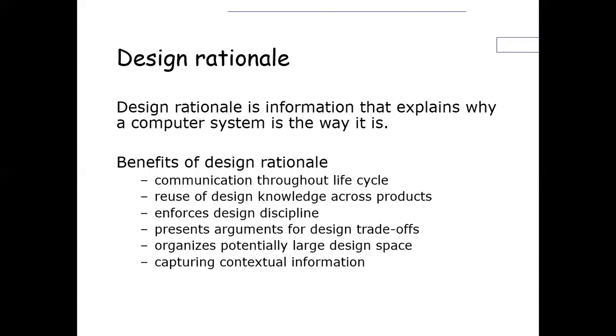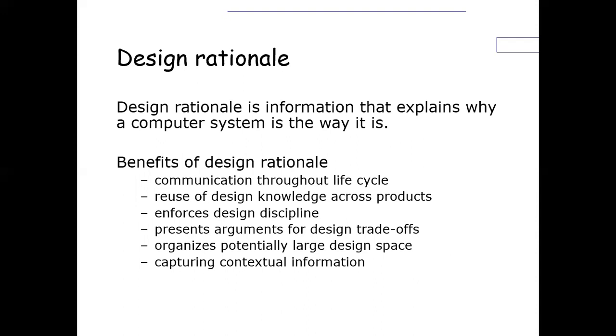Design rationale is the information that explains why a computer system is the way it is. It includes structural, architectural description, and functional or behavioral description. Next, we'll see that design rationale has several benefits.